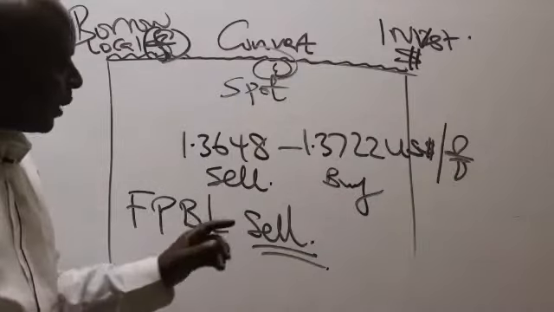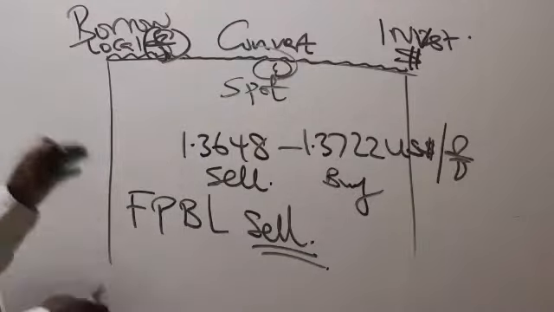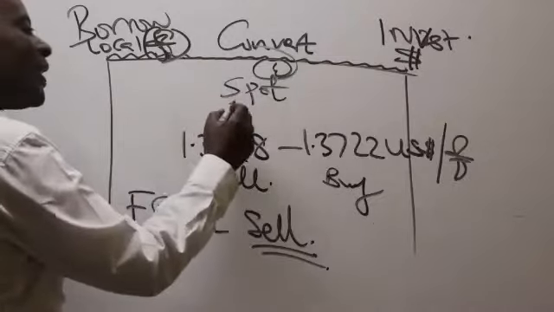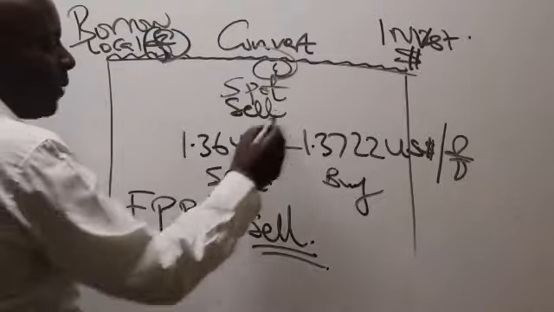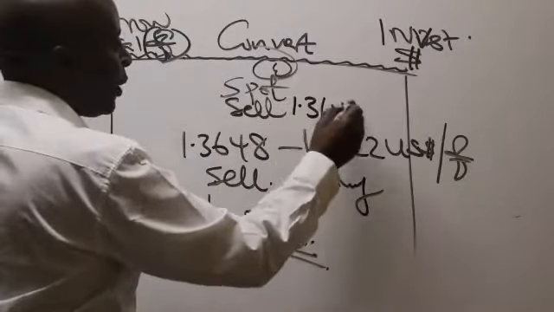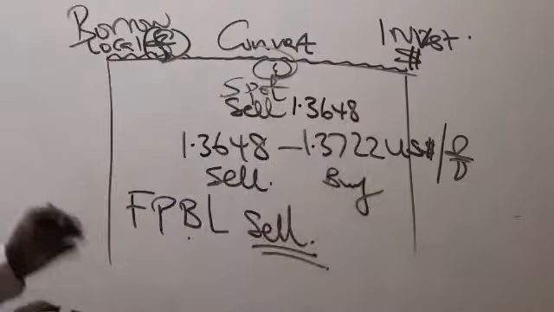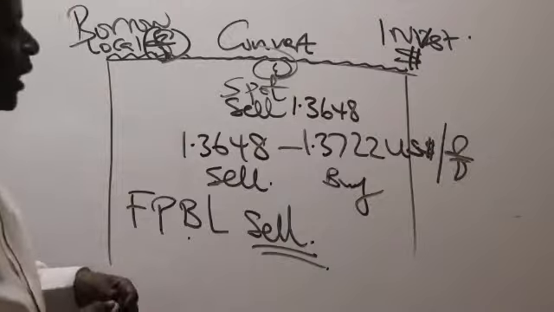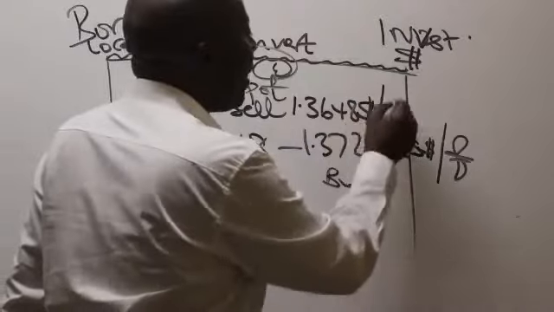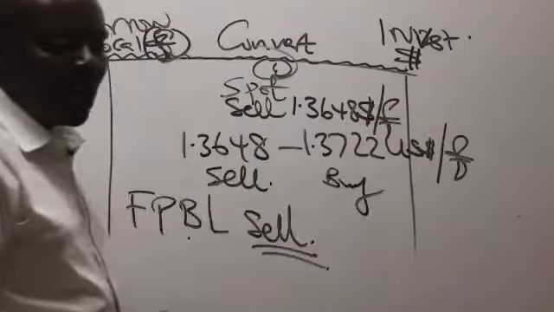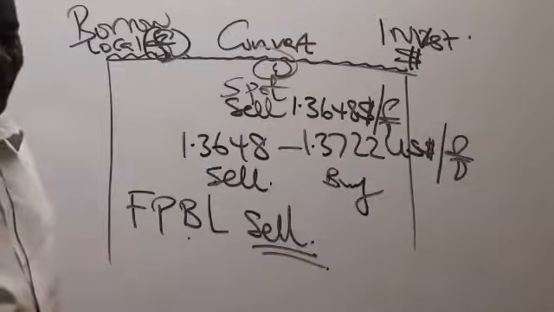So, ladies and gentlemen, what you're supposed to remember here is that we shall use the selling rate. If you're using rule number 2, it is the selling rate which will be used here, which is 1.3648 US dollar per pound. Great.